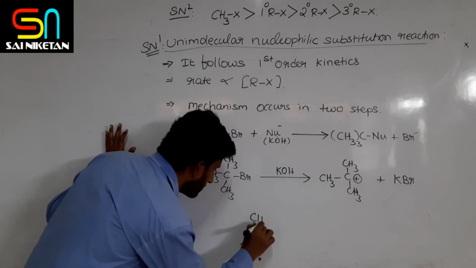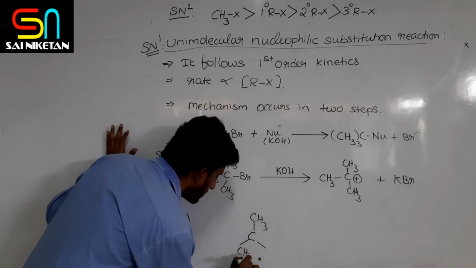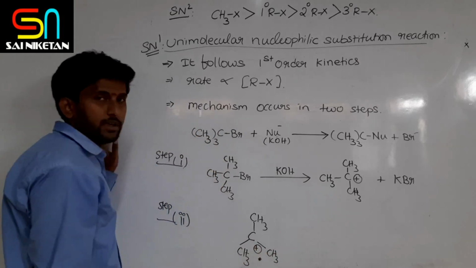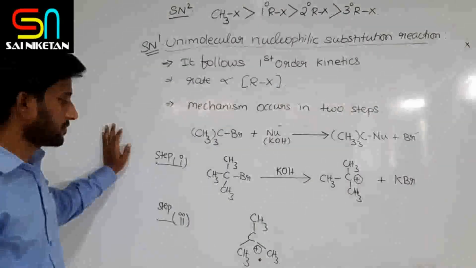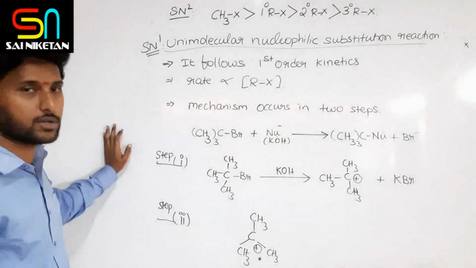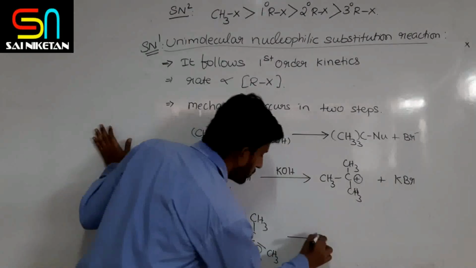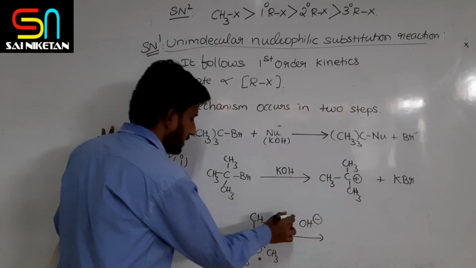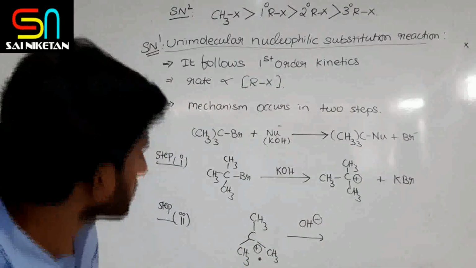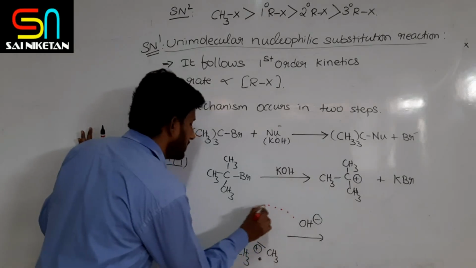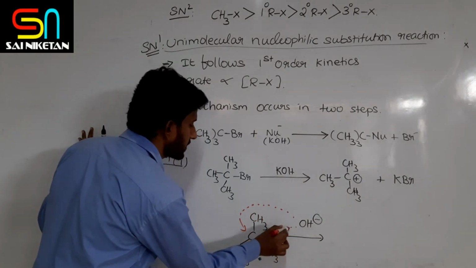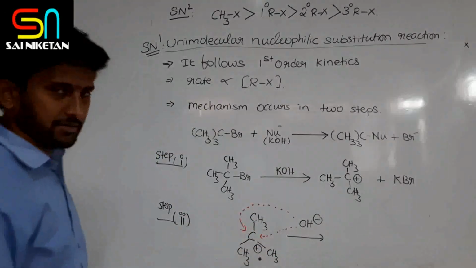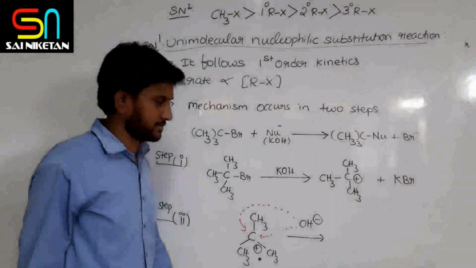Now you see, here is the carbocation. As you know, carbocation means the carbon will be trigonal planar, because it is sp2 hybridization. So the OH minus, the nucleophile, can attack. There are two ways of approach here. It can attack from any side of the plane, because it is a trigonal planar carbocation.